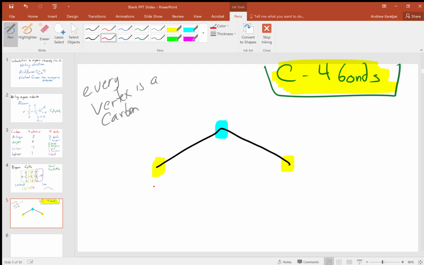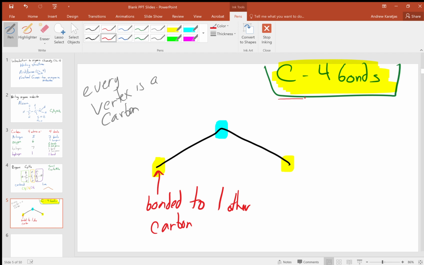So if we look at this first carbon, how many bonds does this carbon have? We can see very clearly that it's bonded to one other carbon. But if carbon has to have 4 bonds, then where are the other 3 bonds?